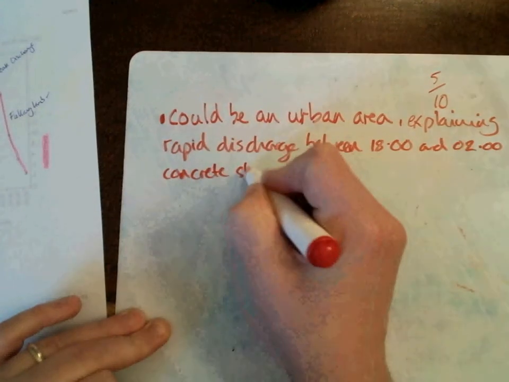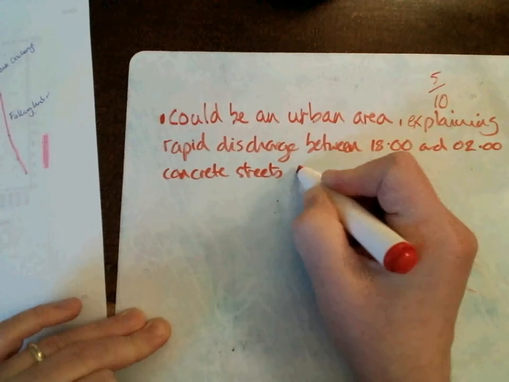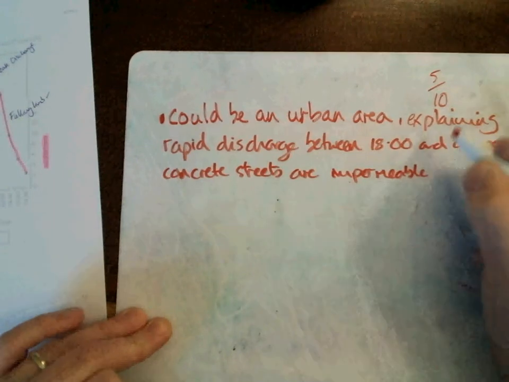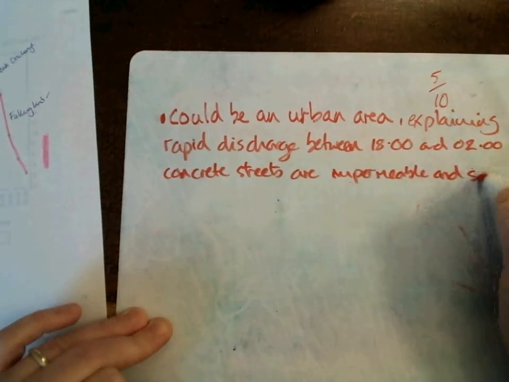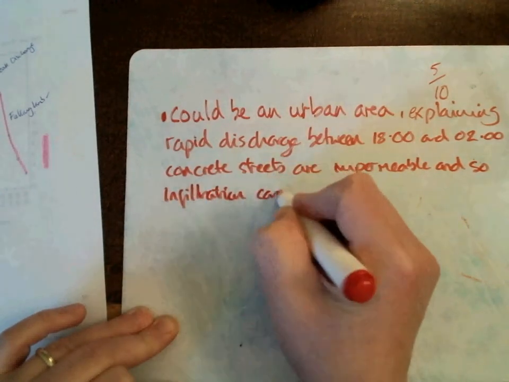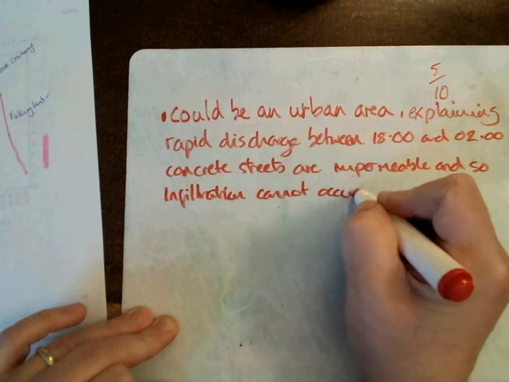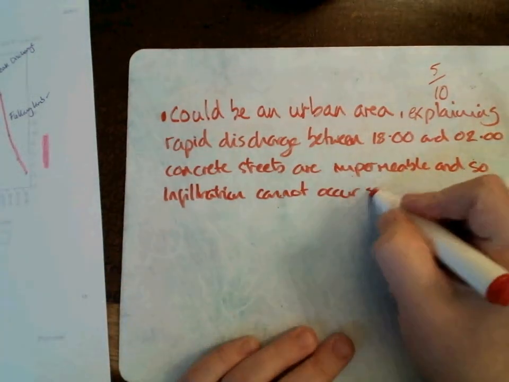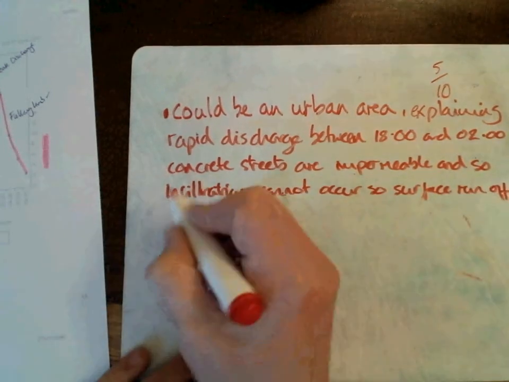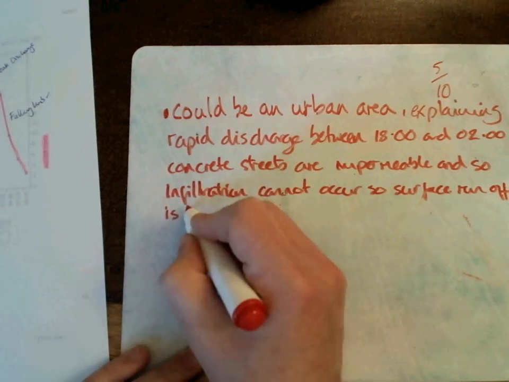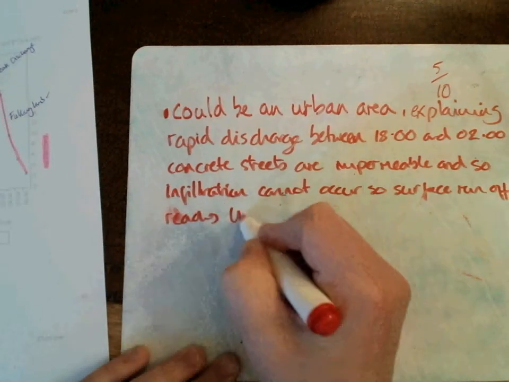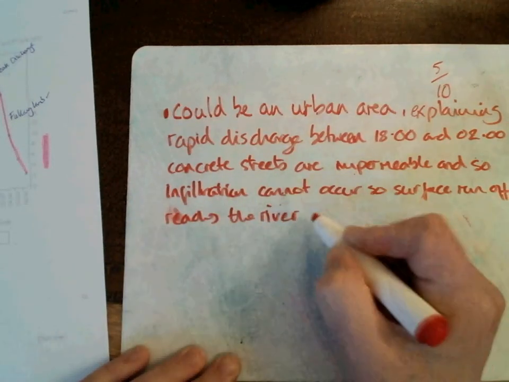Concrete streets are impermeable and so infiltration cannot occur. So surface runoff reaches the river more quickly.